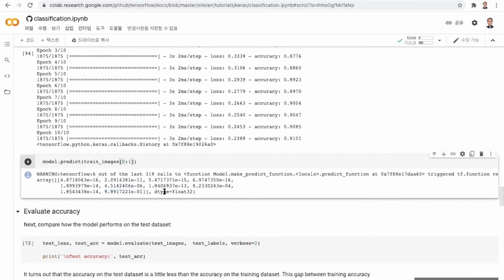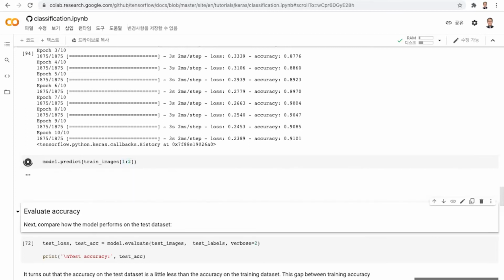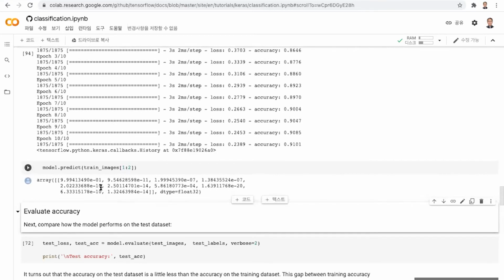So let me change it to another one. So let's say it's 1, 2, 2. That means I'm going to take the second image, the index 1, and predict. Okay, now the numbers have been changed, and what is the biggest one?